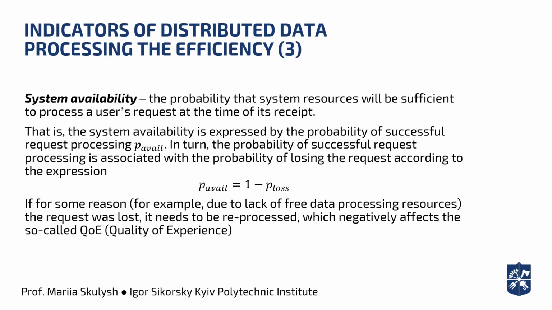Then we also have such a parameter as system availability. It's the probability that system resources will be sufficient to process a user request in the time received. So it means the percentage of availability, one minus the probability of loss.